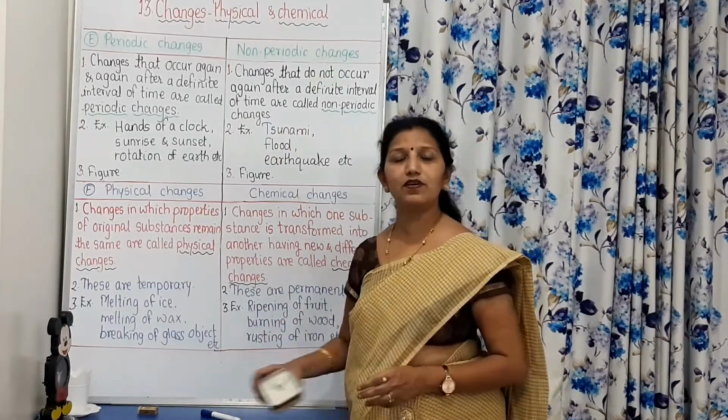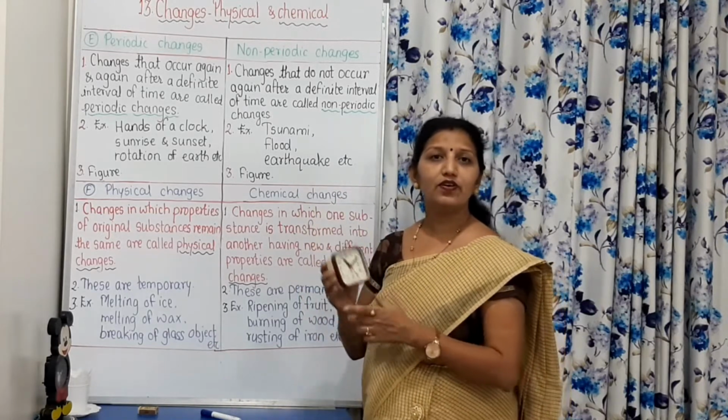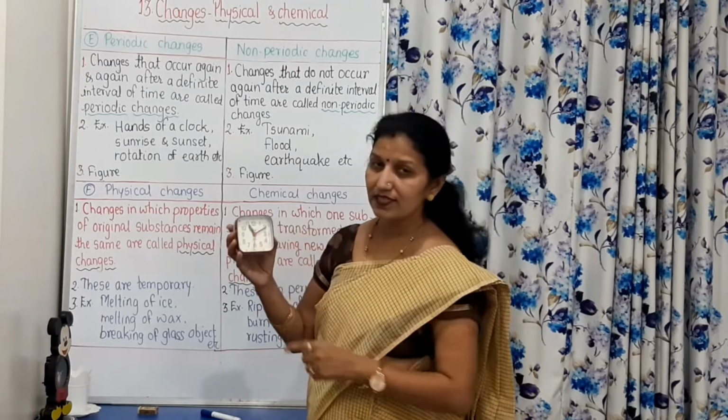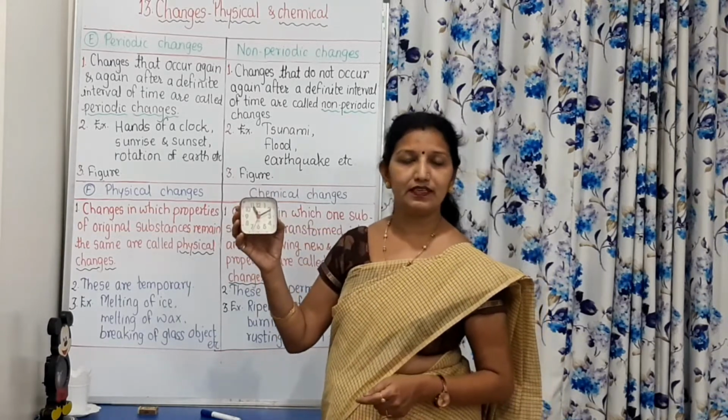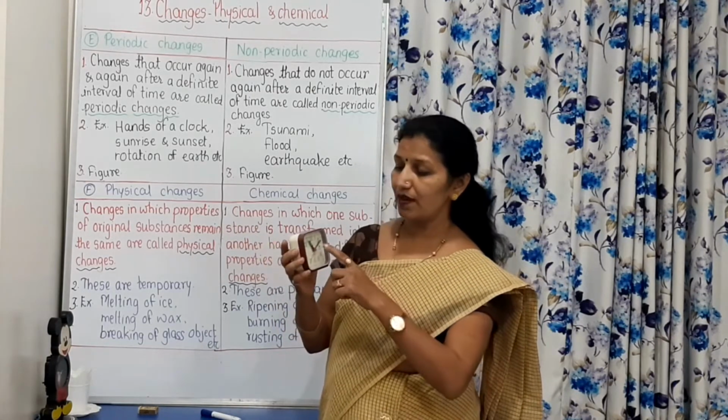Now, the hands of a clock. See, these hands of the clock are also following periodic change. How? Now, what is the time? It's 11:10. After 12 hours, what will happen?